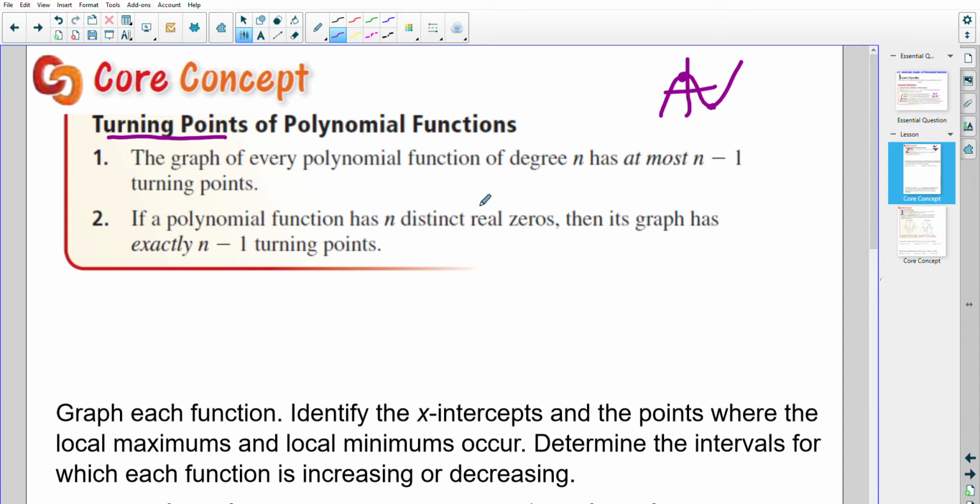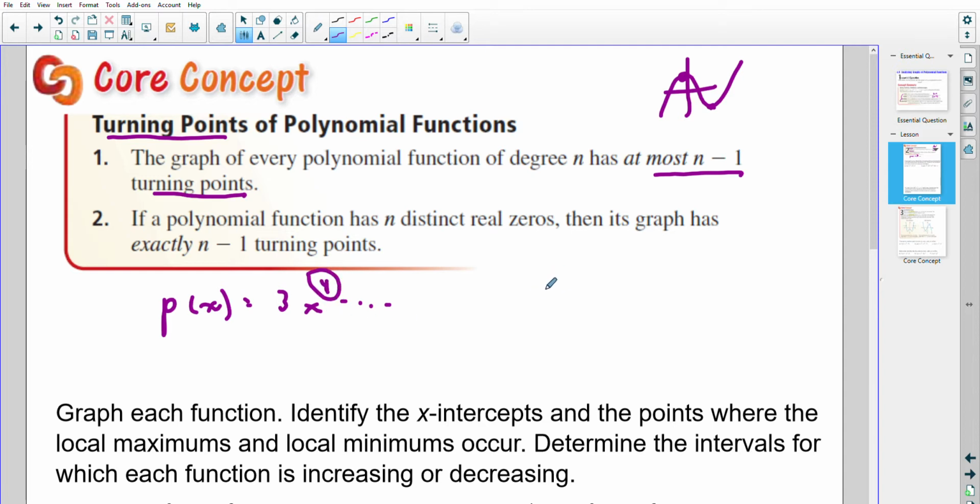And what this is saying is that a polynomial has at most n minus 1 turning points. So if you have p of x equals 3x to the fourth plus something, that's the degree, that's what your n is.